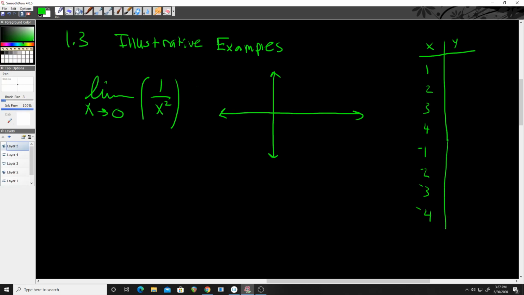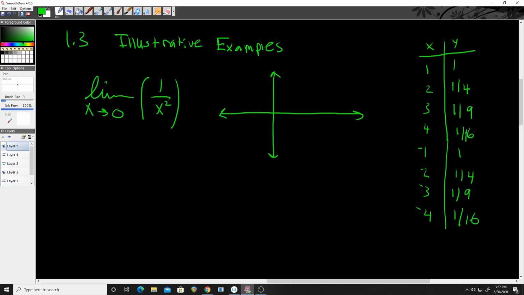So 1 squared is 1, 1 over 1 is 1, 2 squared is 4, 1 over 4, 3 squared is 9, we get 1 over 9, 1 over 16, -1 squared, +1, -2 squared, 4, 1 over 4. So y values are identical. That's supposed to be 1 over 16 there.